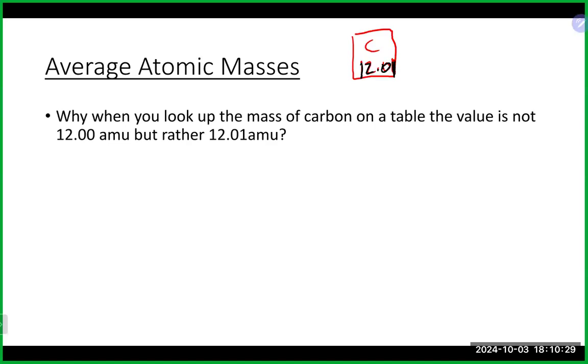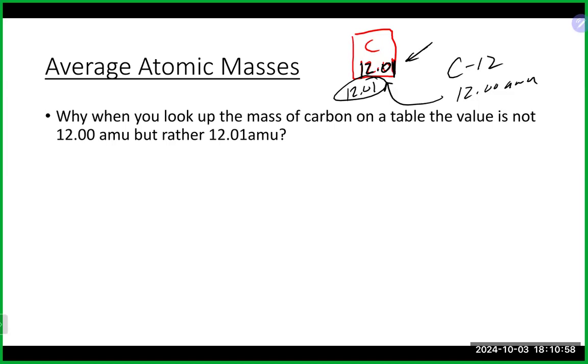You may ask yourself, if the carbon-12 isotope is the standard and has a mass of 12 AMU, why do we see 12.01 on the periodic table? The answer is that what we see on the periodic table are average atomic masses, the averages of the atomic masses of all the naturally occurring isotopes for that particular element.